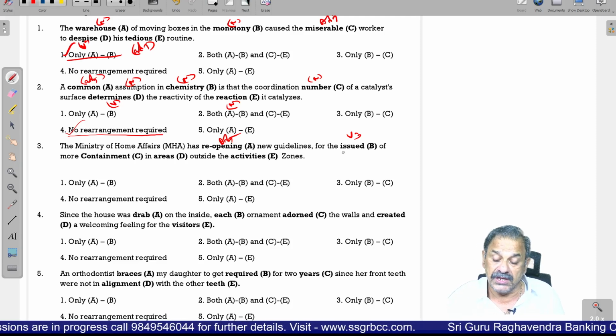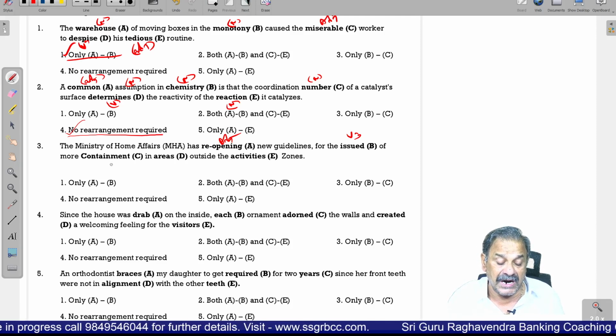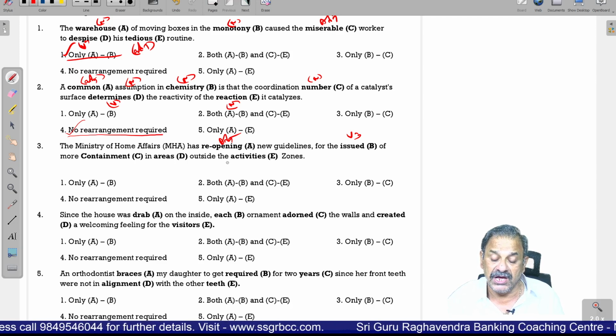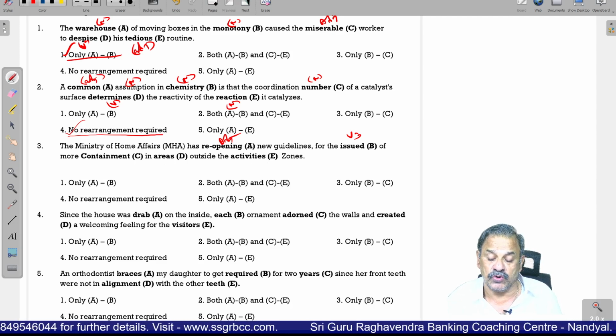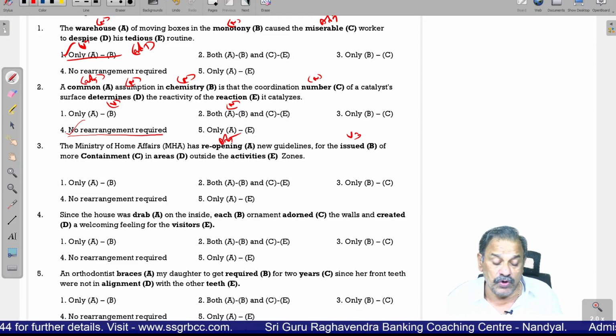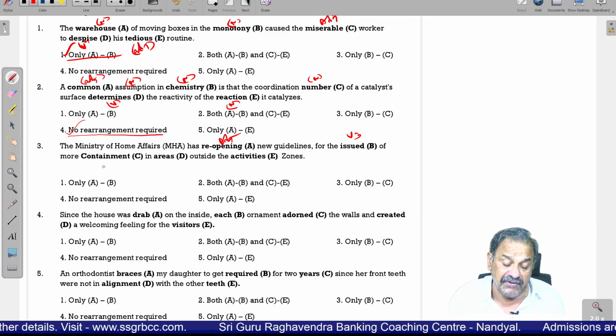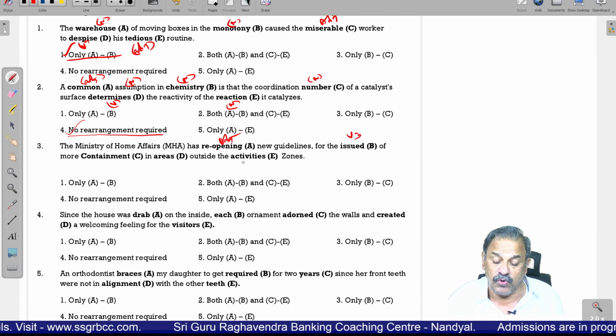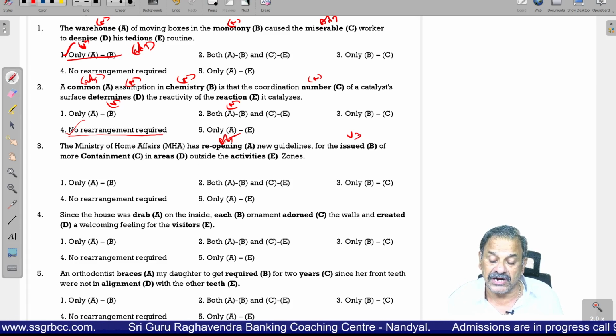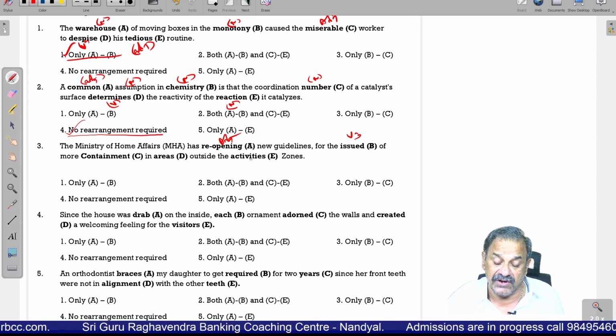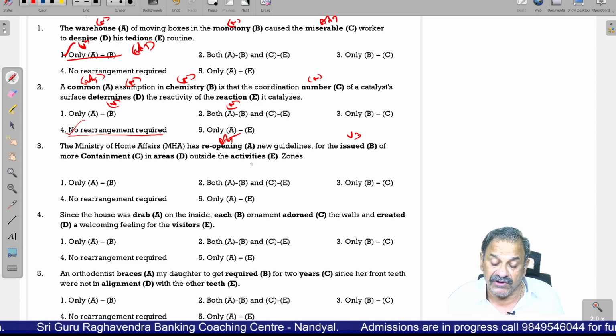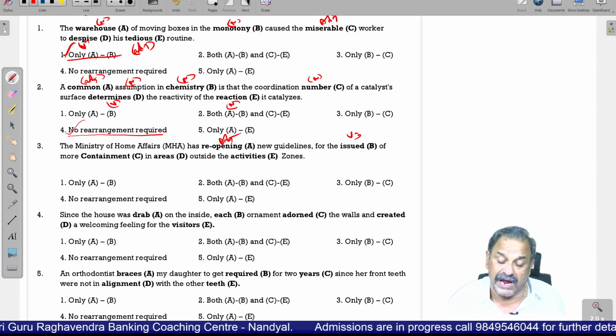So of more containment in areas outside the activity zone. See, issued of more activities in areas outside the containment zones. Here activities, the activities of more activities.